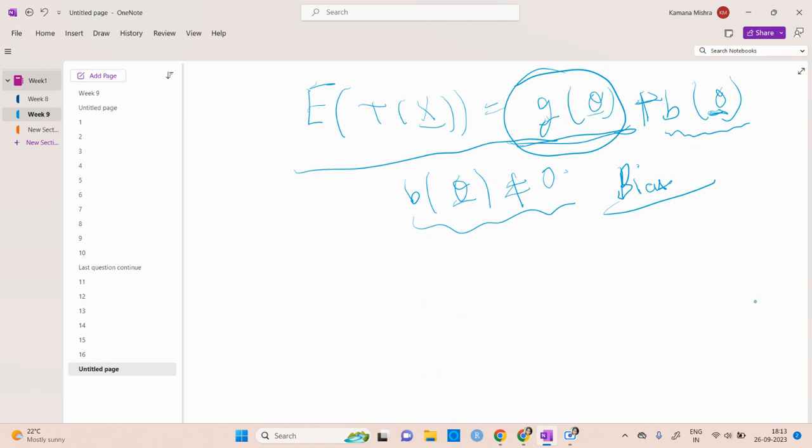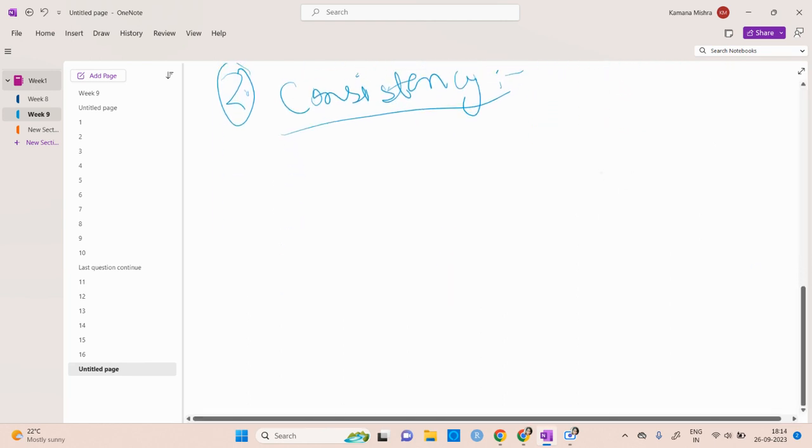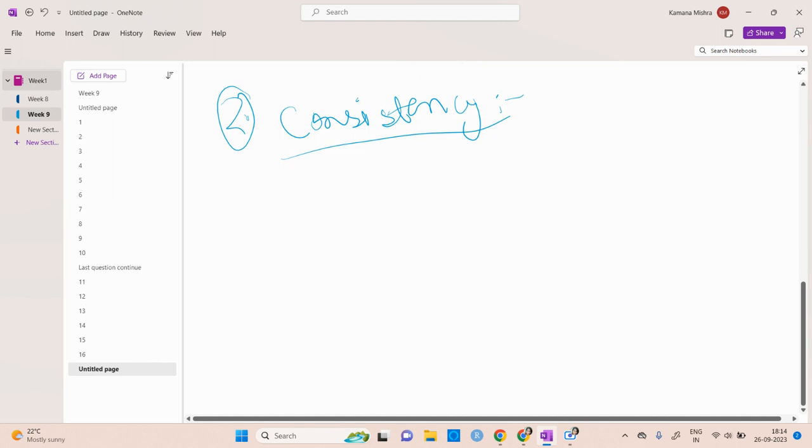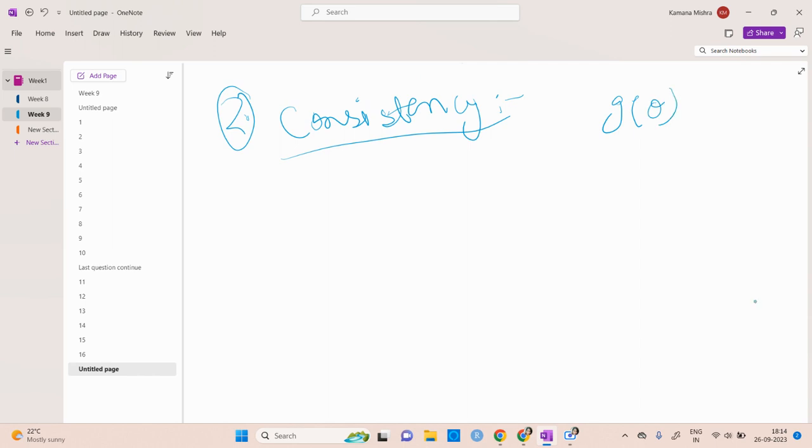Next thing we check is consistency. So for consistency, what is needed? Again, we have g(theta) parameter. So we are checking the consistency of our parameter which we are choosing. Whether that parameter is consistent for this real parameter, or maybe you can say the population value.